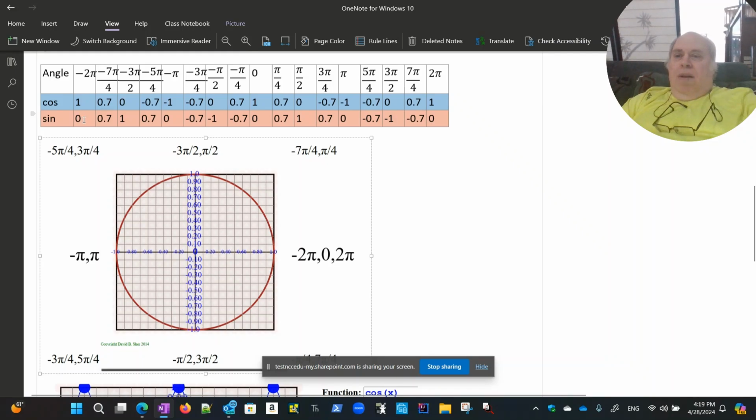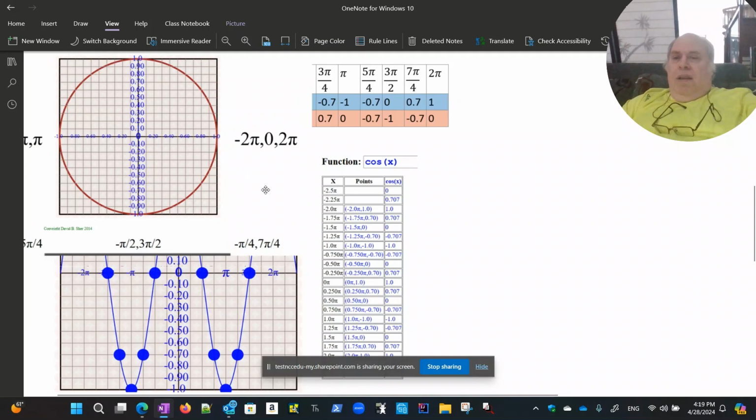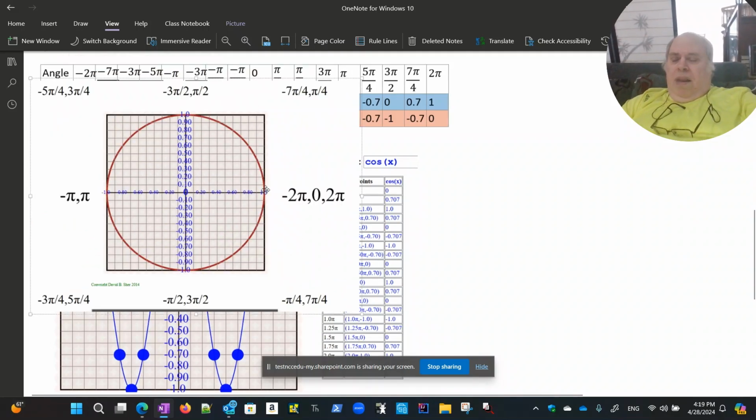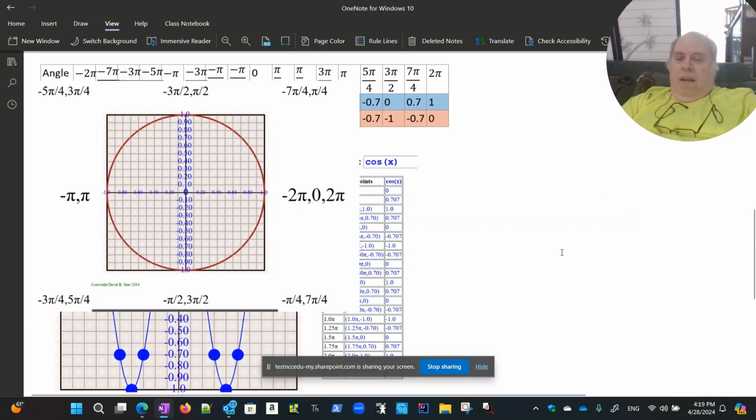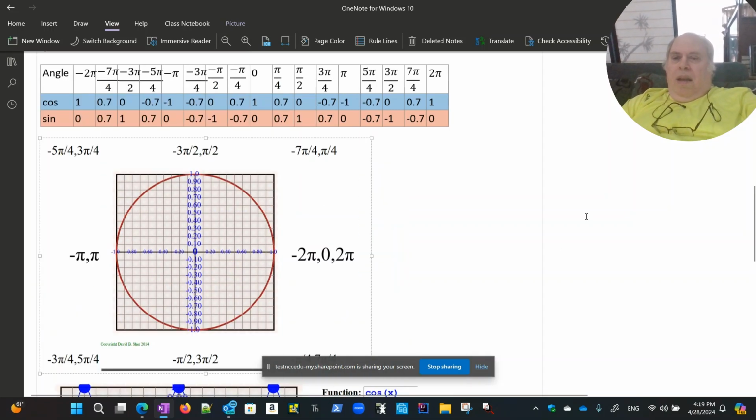So we start at 0. That is, we're down here in the middle. We're doing the y's, and we go up 0.7 and up to 1. And you can say 0.71.